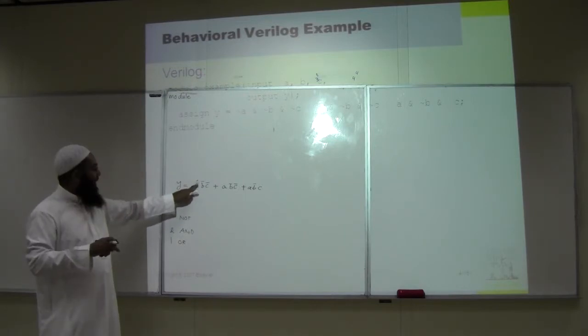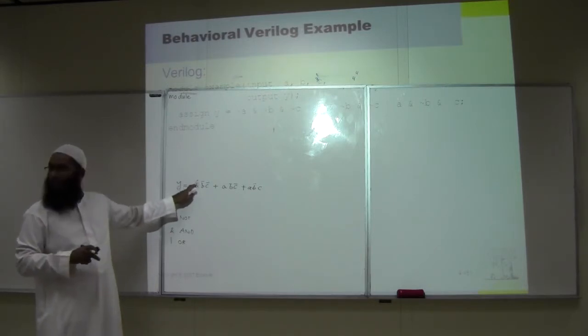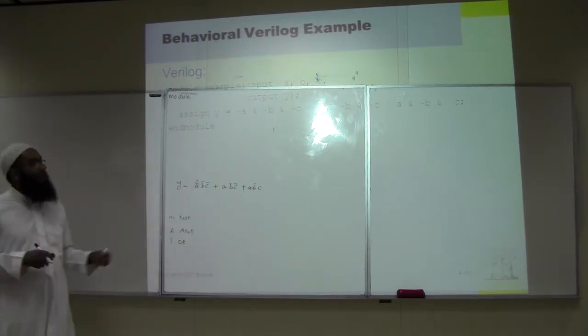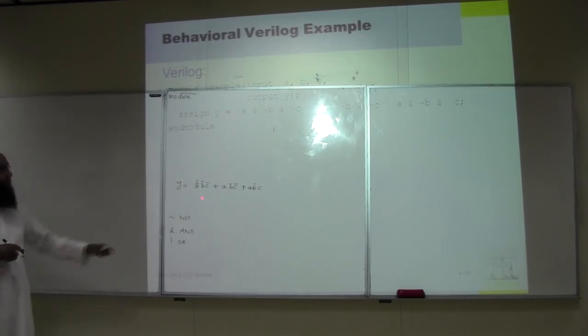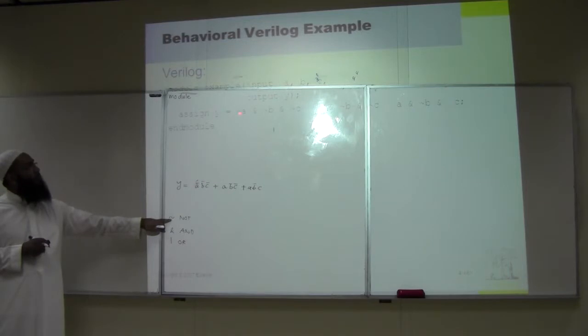How can I write A bar? A with a bar. It's not easy, right? So what we do, we put this one. This A bar means not A.